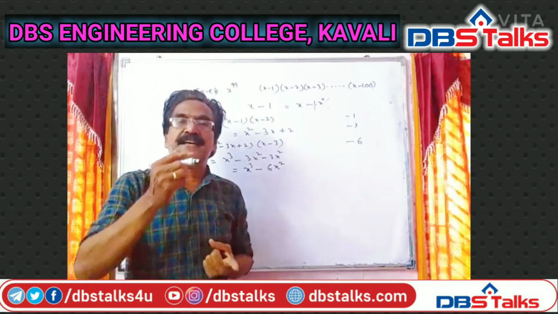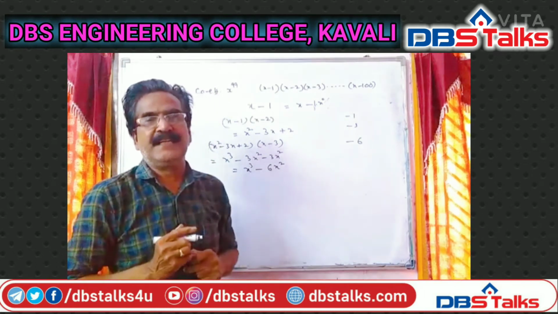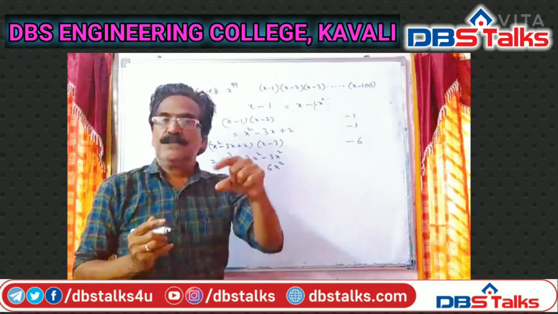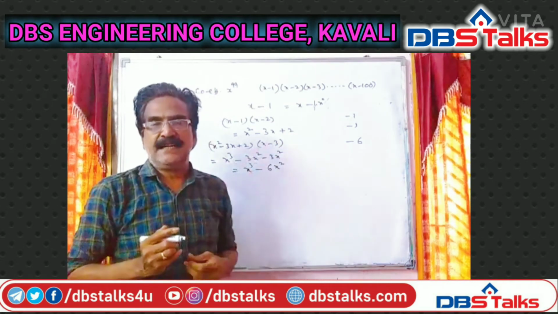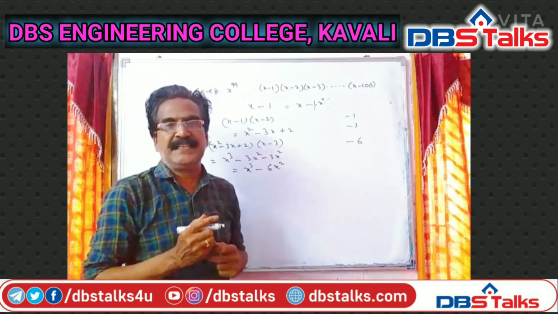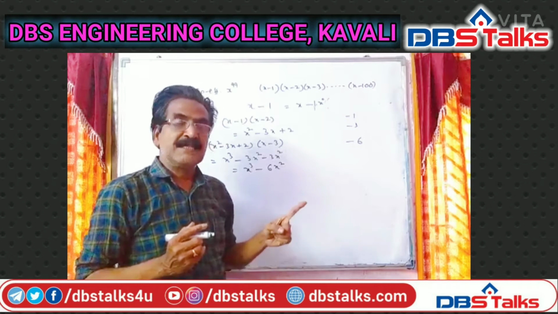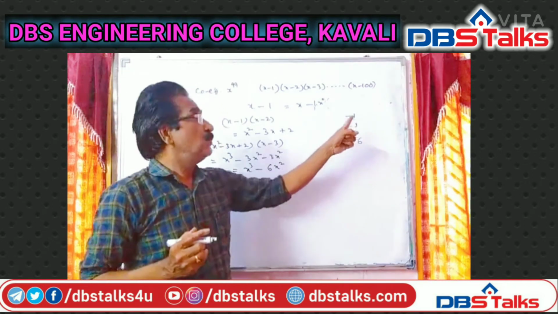If you take 100 terms, you multiply 100 terms, the coefficient of x power 99.